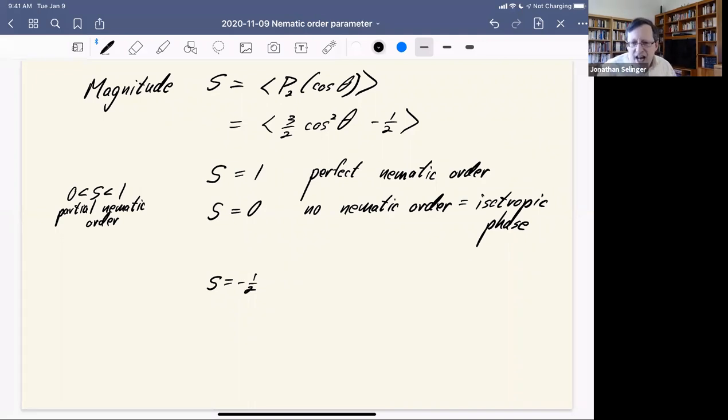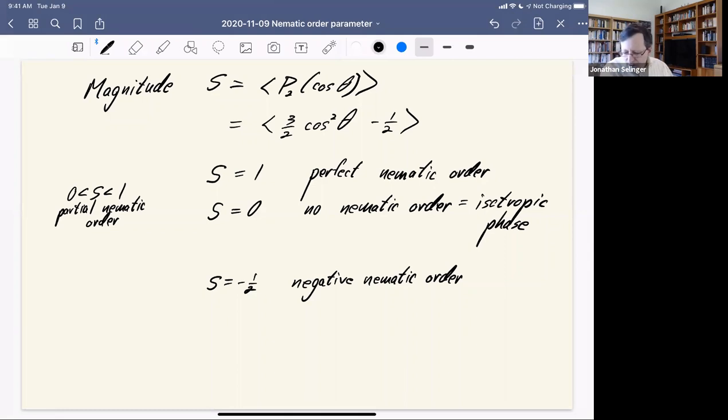That is an odd situation, a mathematical possibility, but it doesn't come up physically very often. That is some negative nematic order. It's like saying there isn't a direction where the molecules are aligned; there's a direction that the molecules are repelled from, so they tend to avoid the z direction and accumulate anywhere in the xy plane.